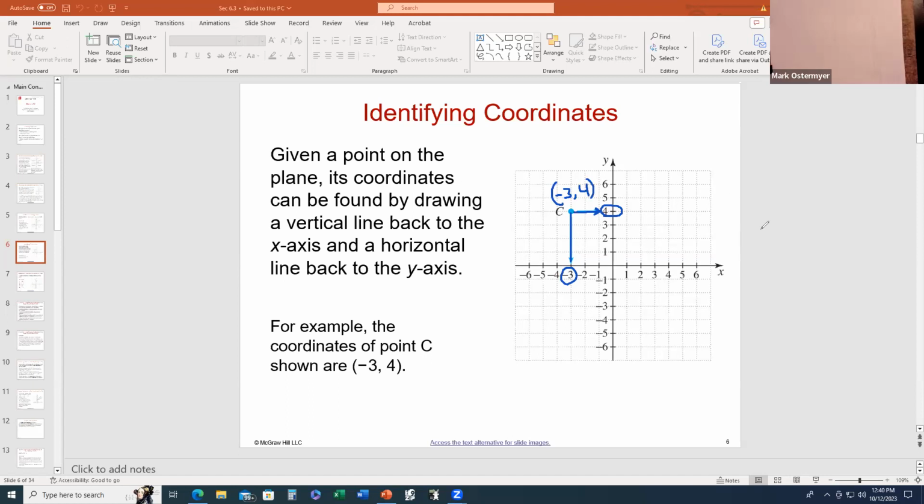All right, so what if I plot a point right here? What would be its X and Y coordinates?